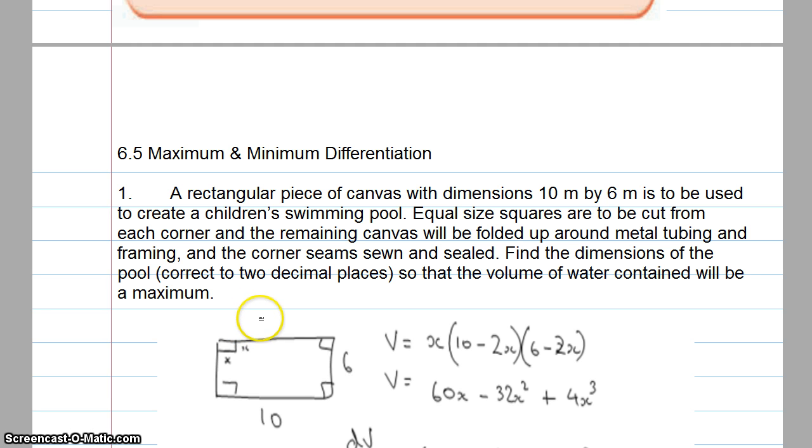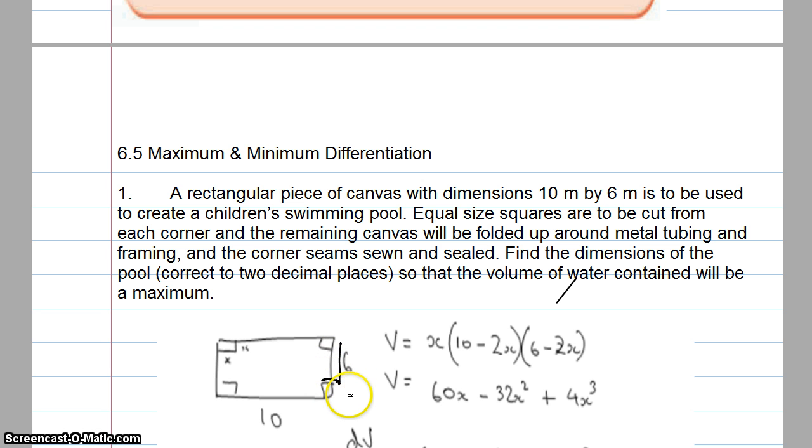But x can't be 0, and it can't be a negative number either. But x can't be anything. It can't be a large number, because at some point there's going to be some limitations on this. For example, x can't be bigger than 3, because if x is bigger than 3, our cut will be somewhere over here. From this edge, if I measure 4 meters, it's going to be there.